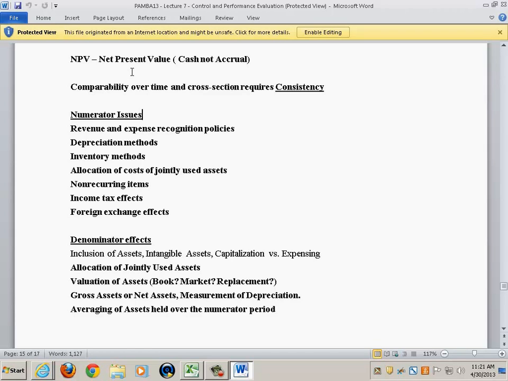Likewise, inventory methods. Do we use LIFO, or do we use FIFO, or do we use specific inventory methods? If we are measuring different centers within the organization, how do we allocate the costs?